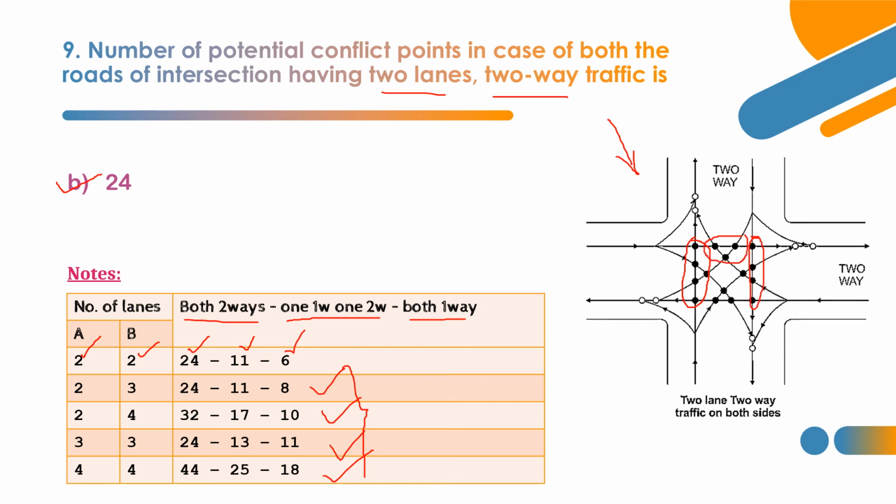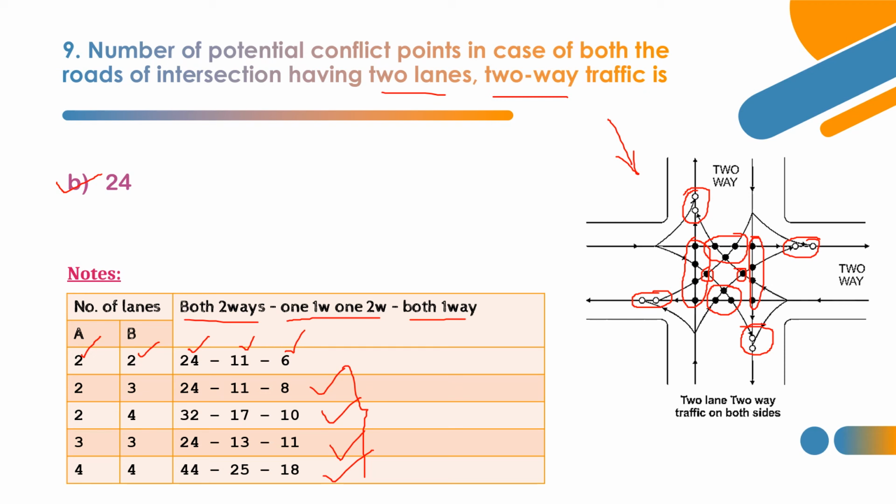Here 3, so 11. Here 3 dots, so 14. Here 1, here 1, so 16 dots. 16 plus 2, 18. 18 plus 2, 20. 22 and 24. So counting all the things, we get the answer for this scenario as 24.